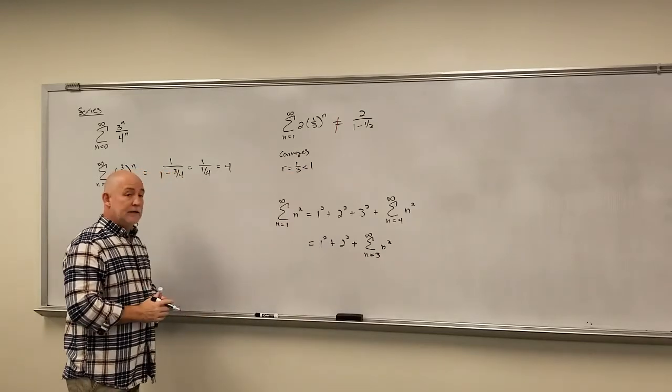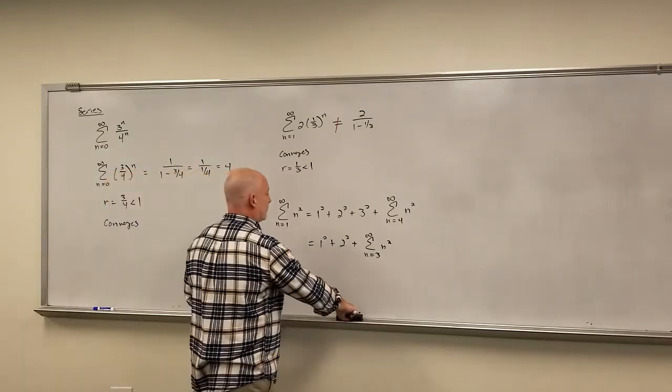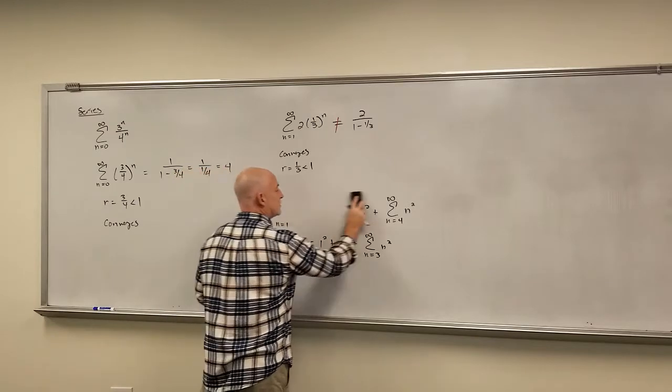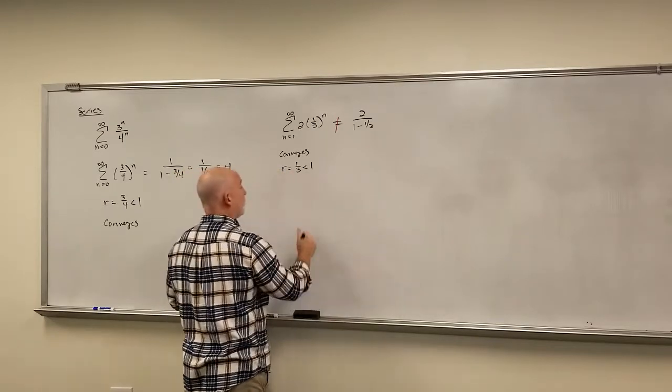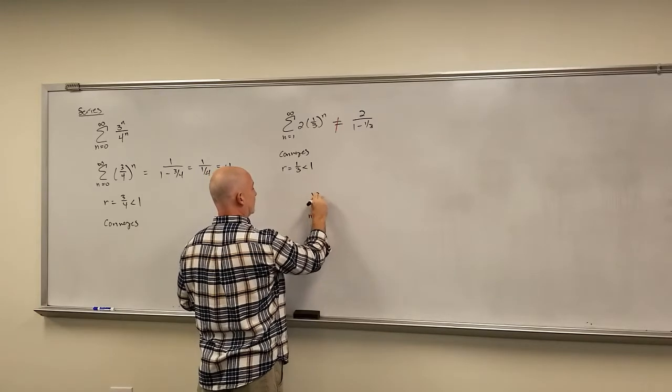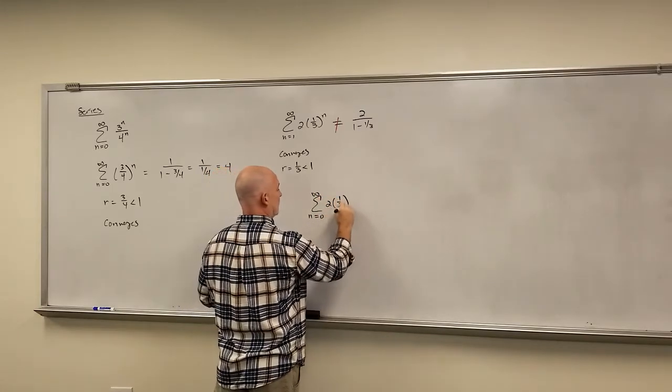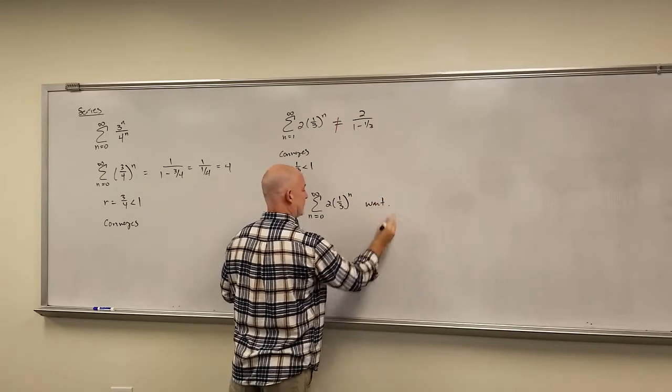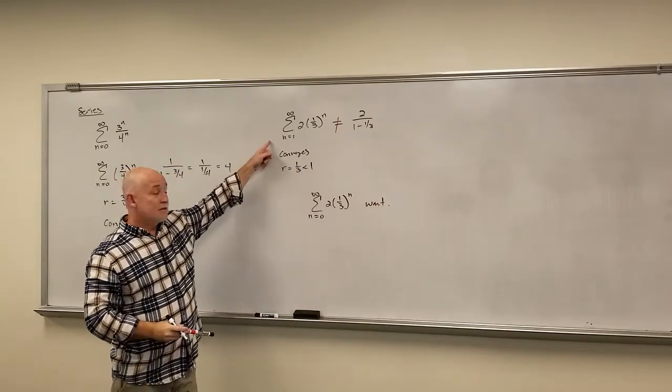So here's the idea. Let's show you how this works. For this to start at 0, here's what I want. I want the sum n equals 0 to infinity of 2 times (1/3) to the n. This is what I want. But this starts at 1.